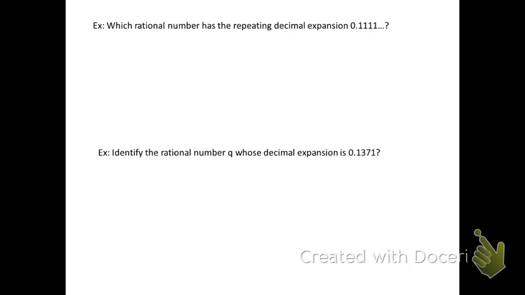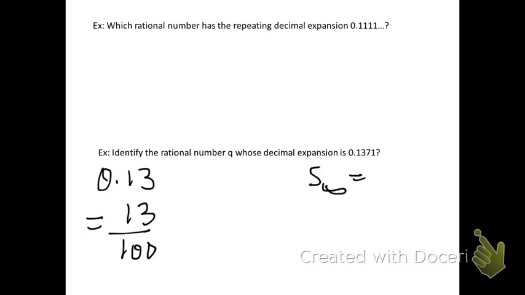So we know that we have the first part, which is the 0.13, and we can write that as just 13 over 100. And then we have the second part that we just solved from the sum of our infinite series, which was 71 over 9900. So I'm just going to add those two together.